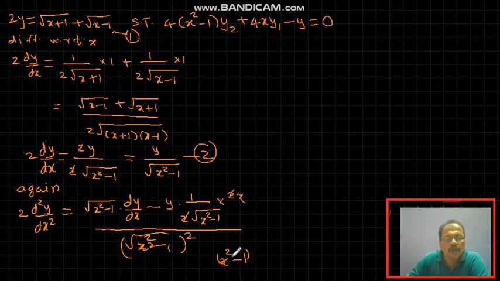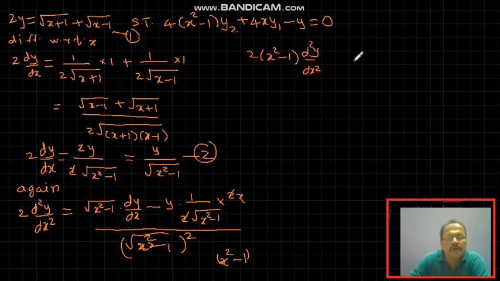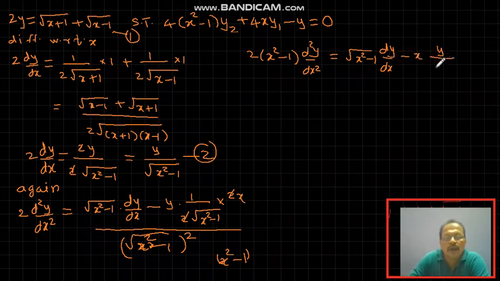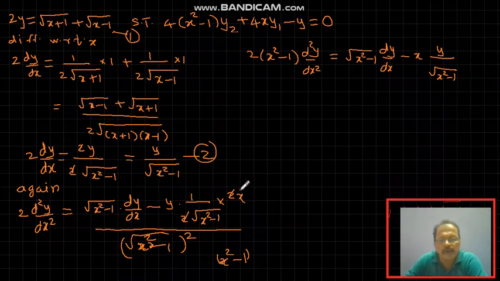Now shift this denominator on left hand side and we get 2 into x square minus 1 into d2y by dx square is equal to under root x square minus 1 times dy by dx minus x into y upon under root x square minus 1. Now I have interchanged this x and y because I want to use this 2.